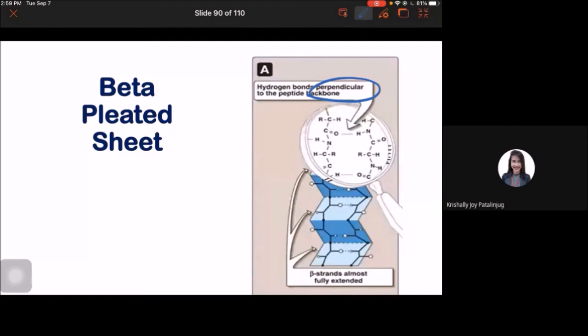Yung peptide backbone, yan lang po yung polypeptide chain. Okay?